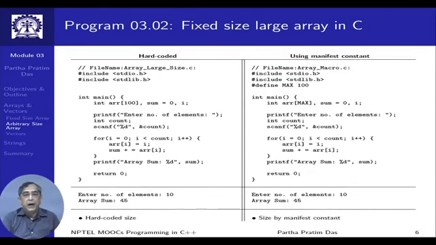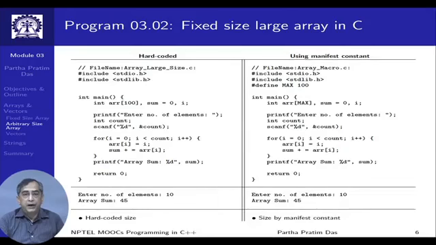But if I hash define or use a manifest constant, then I can make the change only at one place, change the definition of max from 100 to 1000, and all of those will change. So, it is a better programming practice in C to use a manifest constant and not hard code values. You already know this.